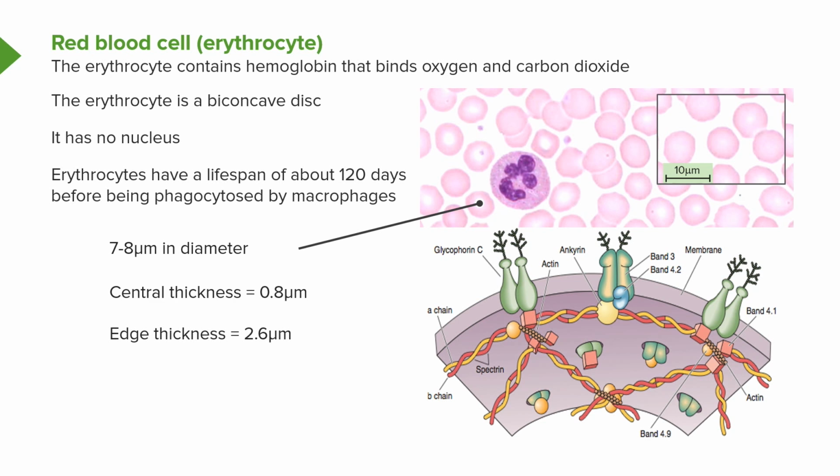Well, on that surface, those surface proteins have a number of roles. One is to house the specific blood group antigens of the red blood cell. And those proteins can also, as you can see, interact with the underlying peripheral network of the cytoskeleton.